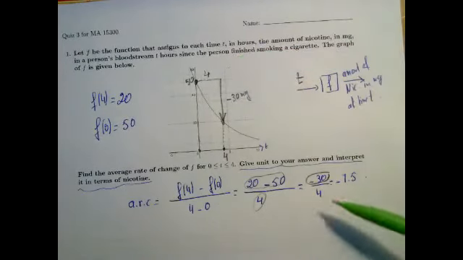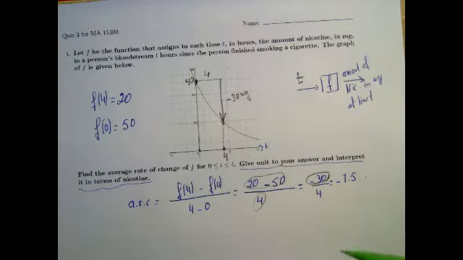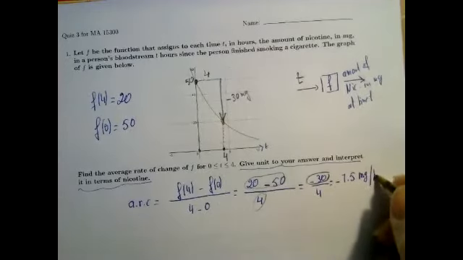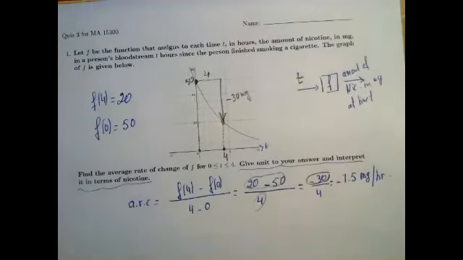So when you take the ratio, minus 30 over 4, it's going to give you on average how much it decreased per hour. So the unit is minus 7.5 milligrams per hour. When you think average rate, think speed, think velocity. Velocity tells you how fast things change per hour. So if I ask what's your velocity, you don't tell me 60 miles.